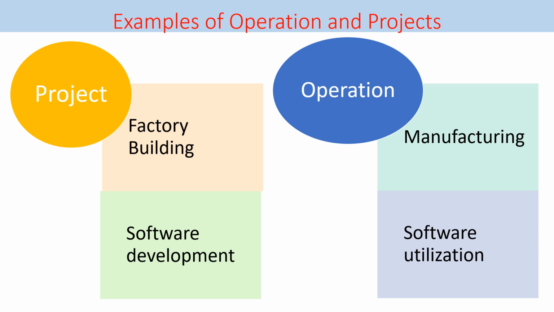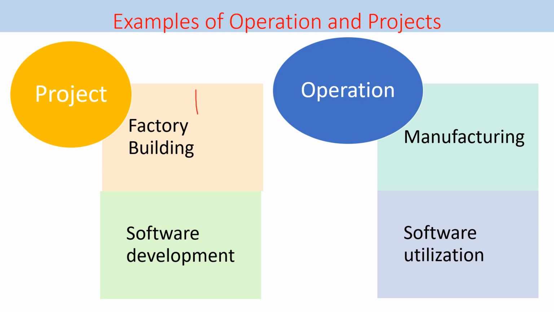Let us see some examples of operation and projects. Look here in the first column, the factory building and the software development are projects because they are temporary in nature. To build a factory, we have to have a temporary schedule, a starting and an ending, and even to develop a software, we have to have a specific budget and a scope.